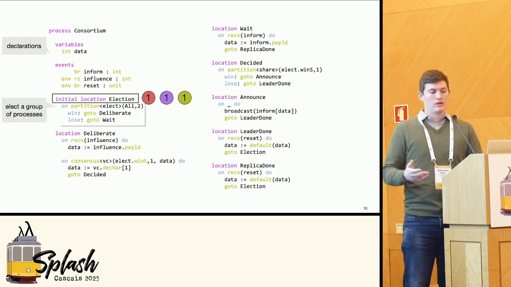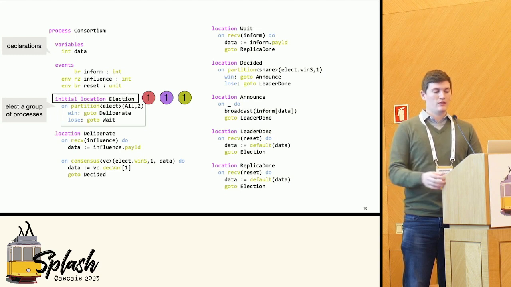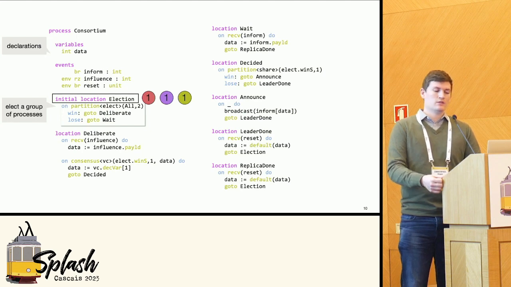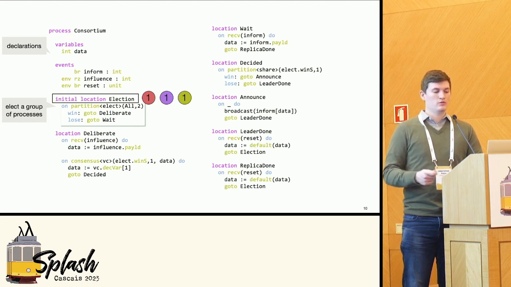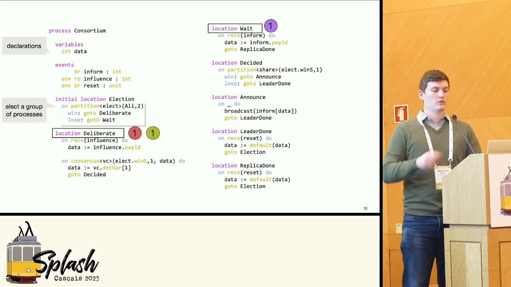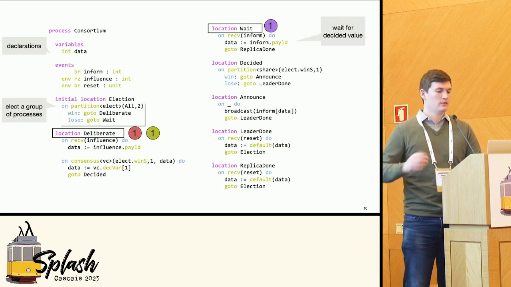Now from this location, they elect a subset of processes, the consortium, to decide on a value for all processes in the system. This particular handler says that up to 2 processes will be elected to go to a location to deliberate on what value to choose, while the rest of the processes go to another location to wait for the consortium to share that decided value.